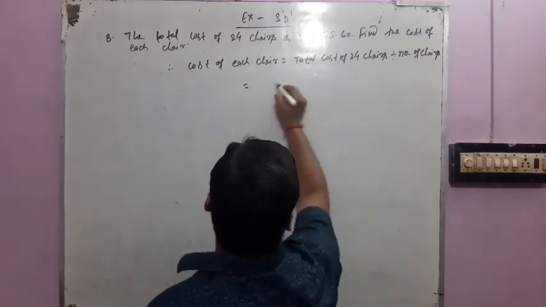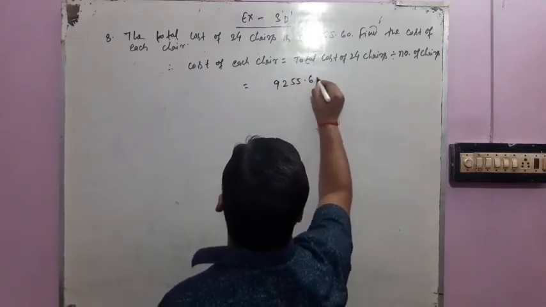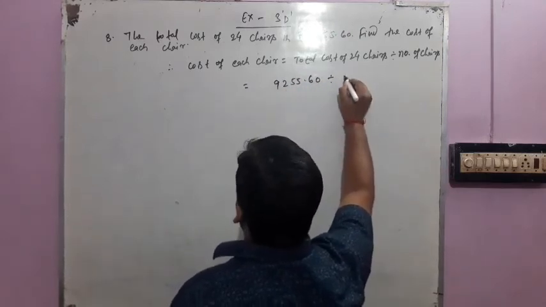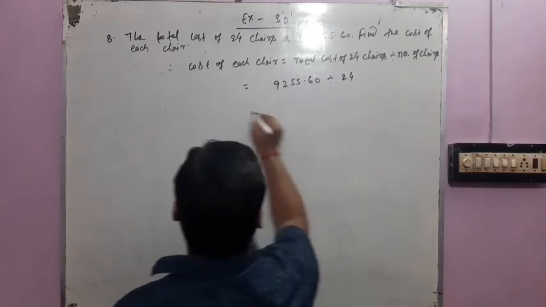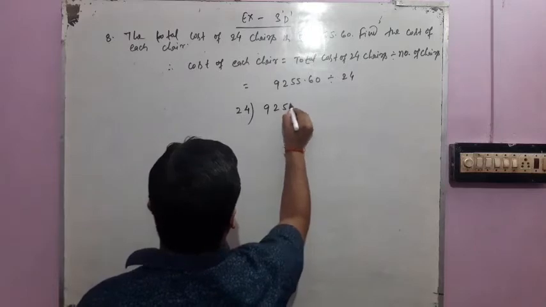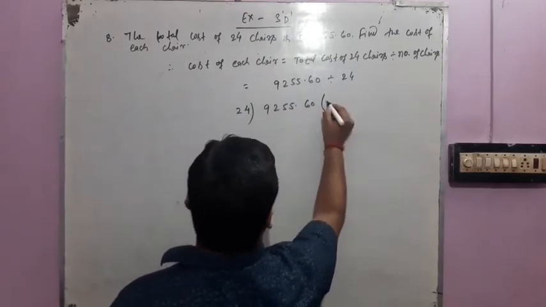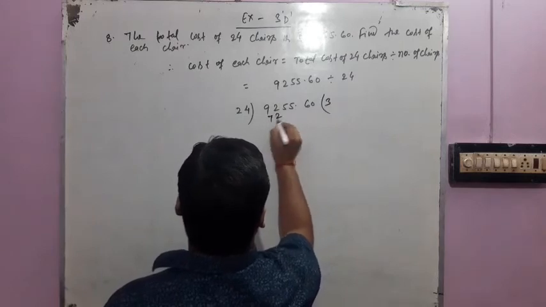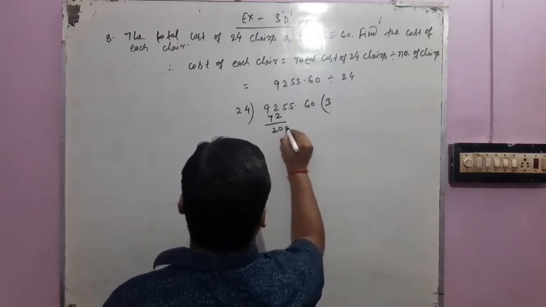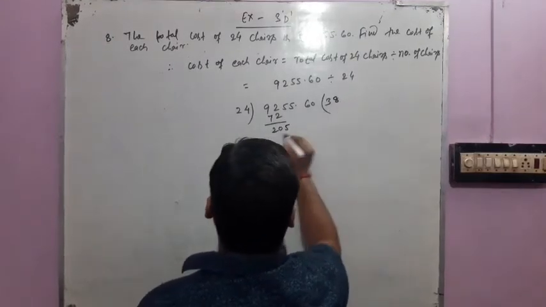The total cost of 24 chairs is 9255.60 and that is divided by 24. Now we have to divide 9255.60 by 24. Now 24 3s are 72. What remains here? 205. 24 8s are 192.